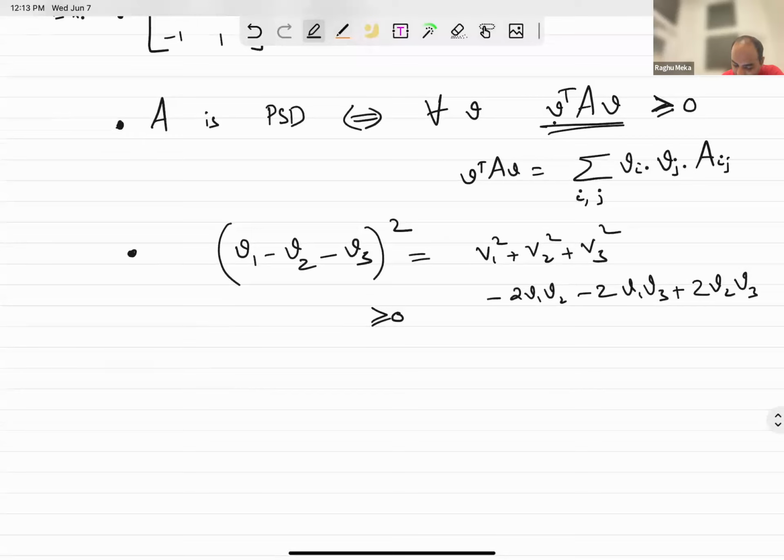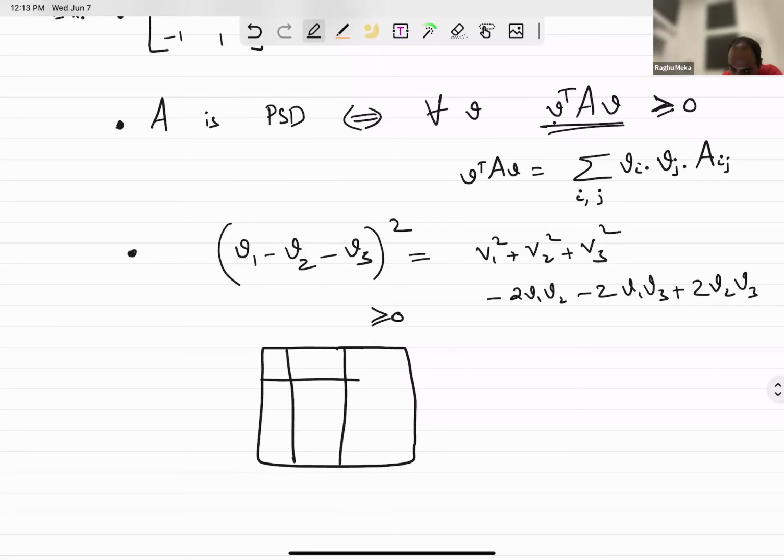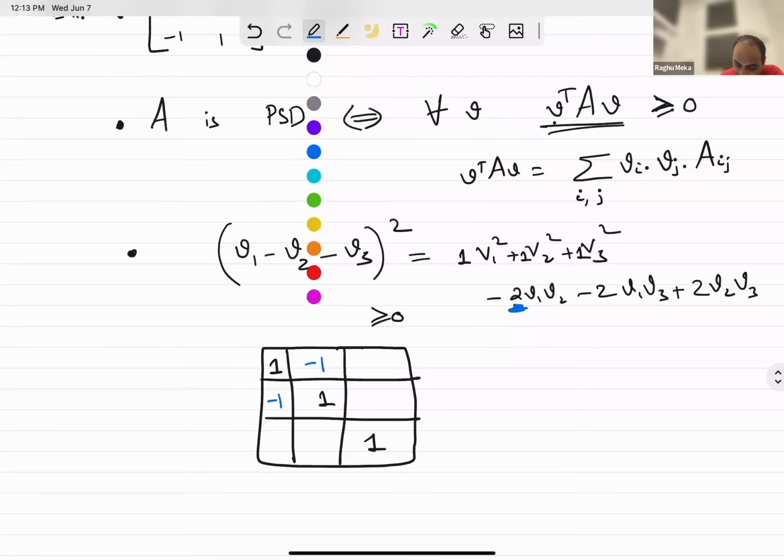So I can define a corresponding quadratic form which is 3 by 3. I will put 1, 1, 1 on the diagonal. V1 V2 is 2, so I'll put minus 1, minus 1.